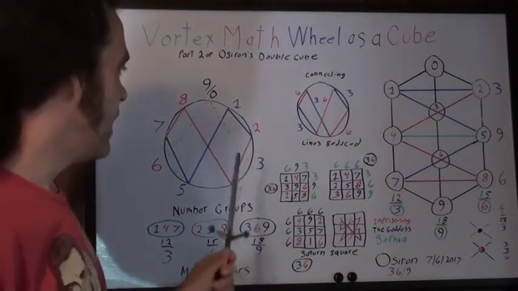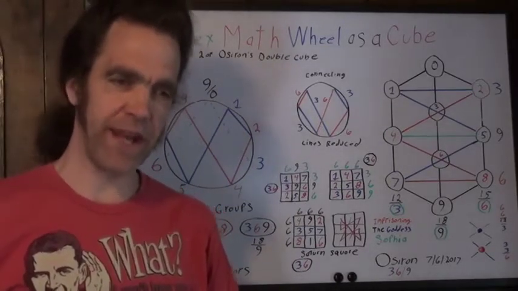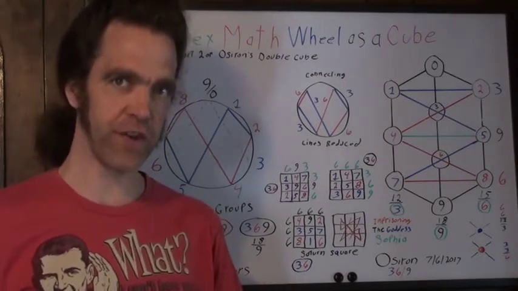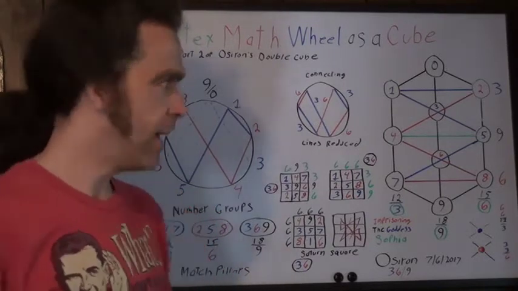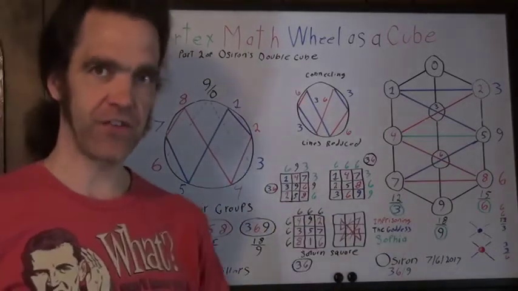So it's possible, again, like I said, because I don't know that anything has actually been created in the real world with Vortex math, that this structure will help those guys take it to the next level.